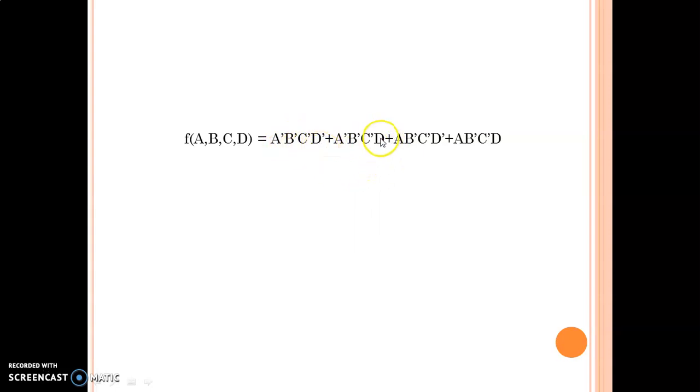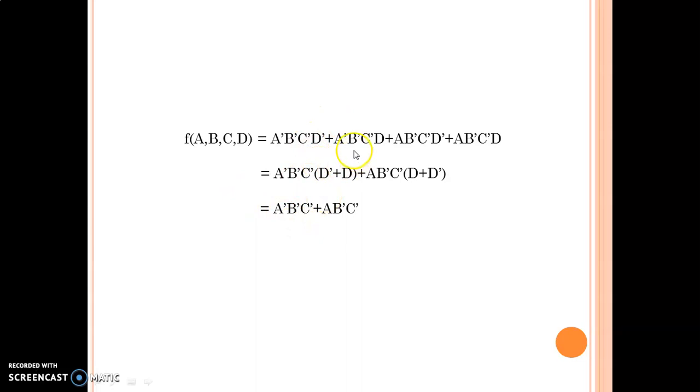The same way, the last 2 terms can be combined together because they differ only in one variable, the last variable. The first 3 variables are just the same. A, B bar, C bar, here again it is A, B bar, C bar. Only they differ in the last variable. So these two can again be combined together. They can be combined to obtain this simplified expression.